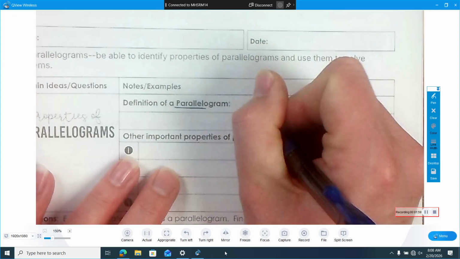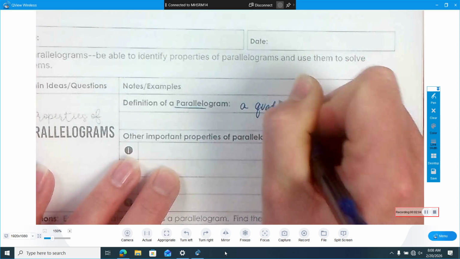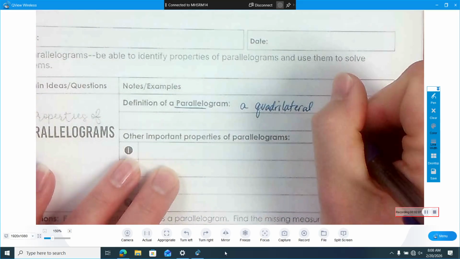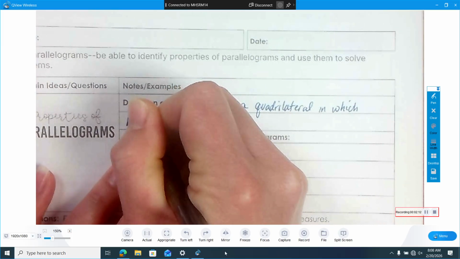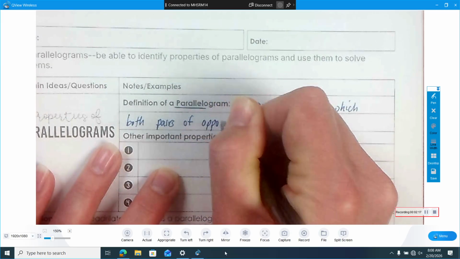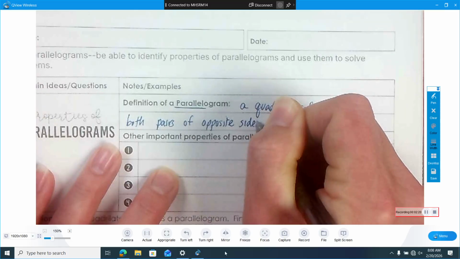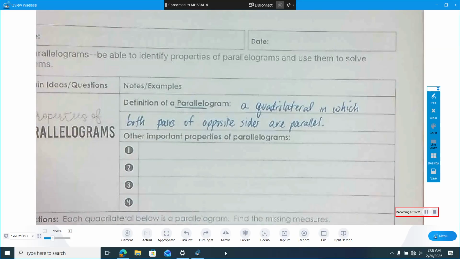It is a quadrilateral, a four-sided figure in which both pairs of opposite sides are parallel. Very important. So we do have two pair of parallel sides. Very important.